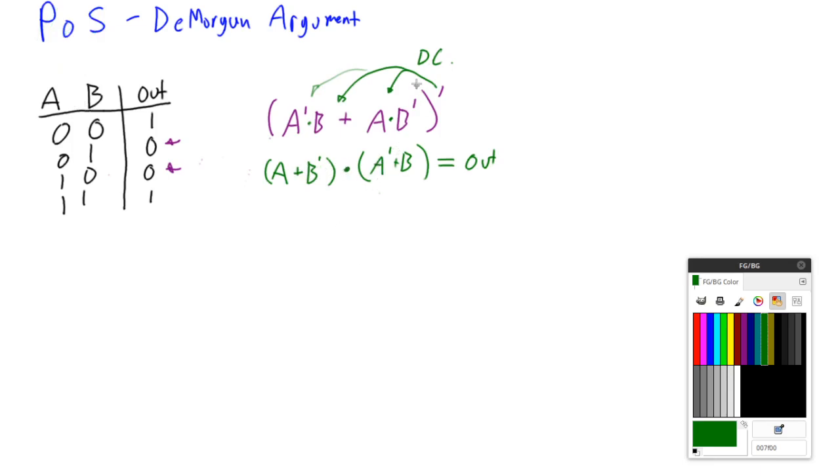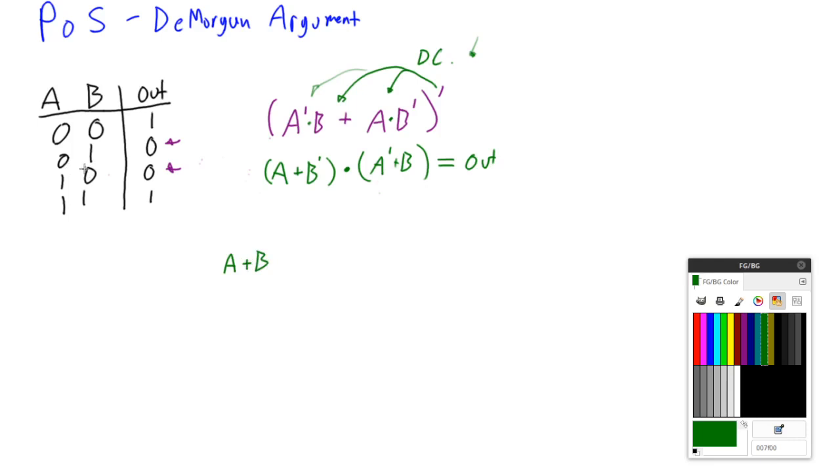So this is actually kind of the long way to do it. There's also a shorter way to do this. We don't have to apply the De Morgan's complement. What we can instead do is find our zero conditions, and then we can write out our terms. We can have A, B, and we OR them together.